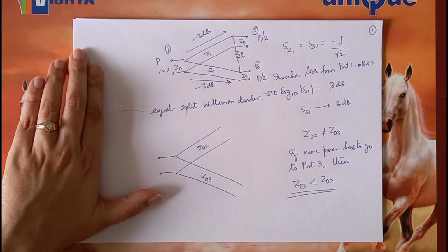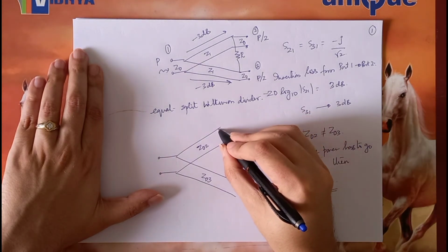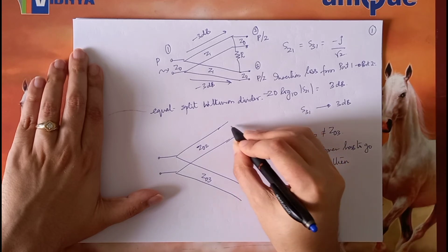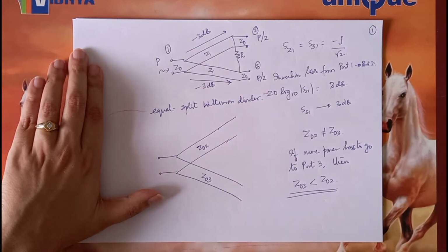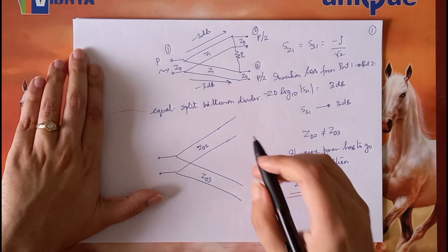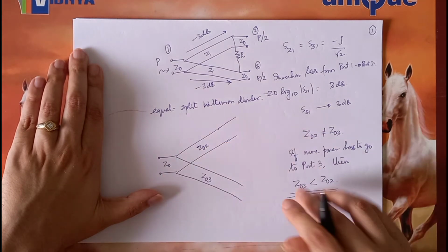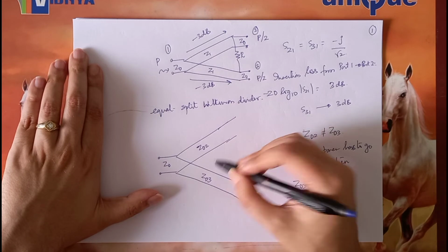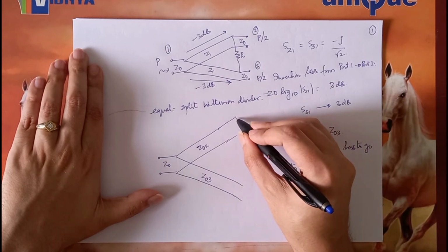So, having said this, Wilkinson also proposed a way in which you could take his original equal split power divider and convert it into an unequal split power divider. So he said, let this port feed line be Z0 and each of these lines be Z02 and Z03.